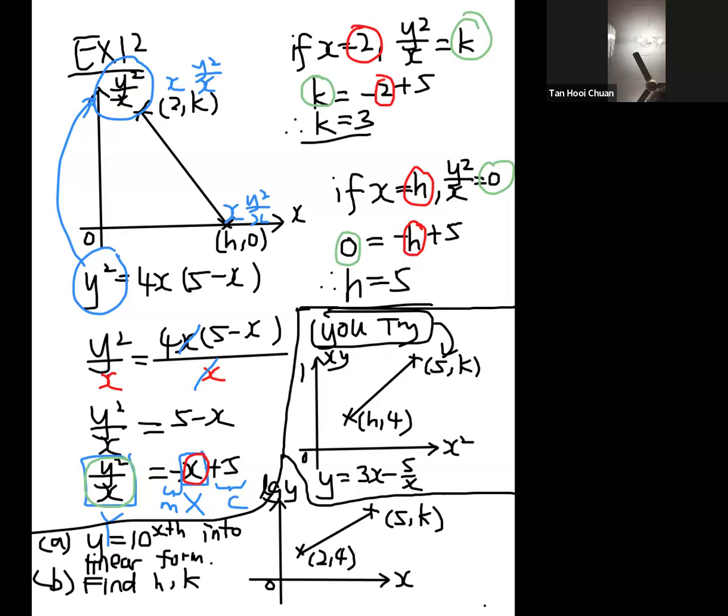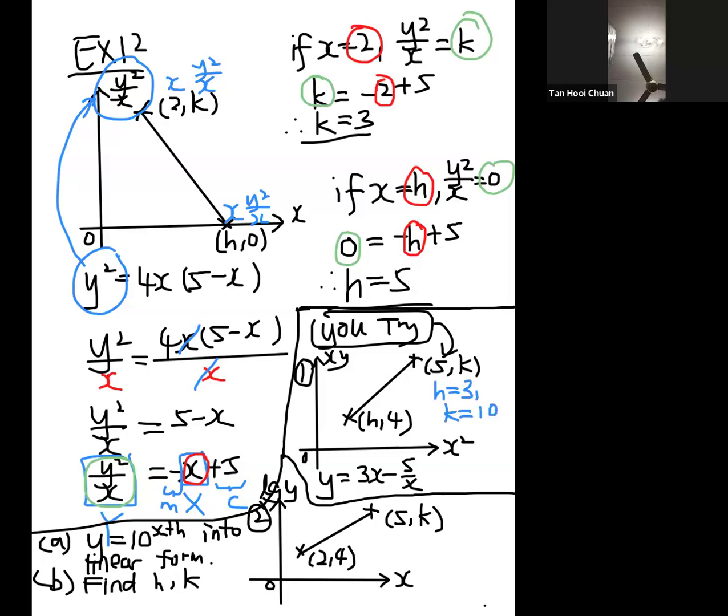This one is question 1, this one is question 2, sorry. So for question 1, the answer should be h equal to 3, k equal to 10.